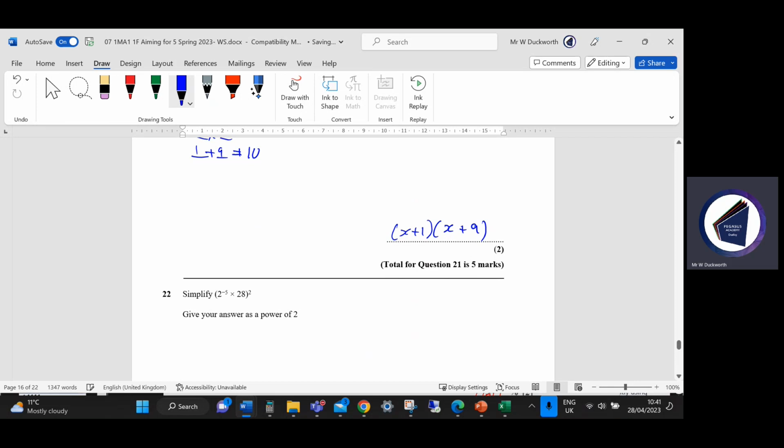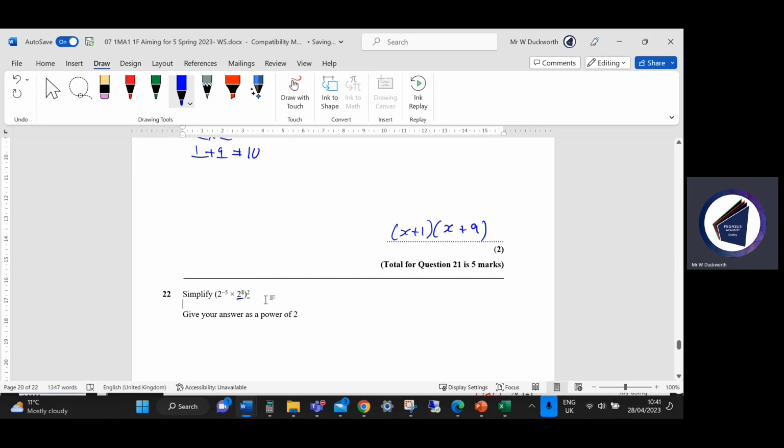Right, simplify, giving your answer as a power of 2. Okay, so if we look at powers of 2 first of all, I'm not sure. Right, it's not your fault at all. I don't think that's correct. That should be that.